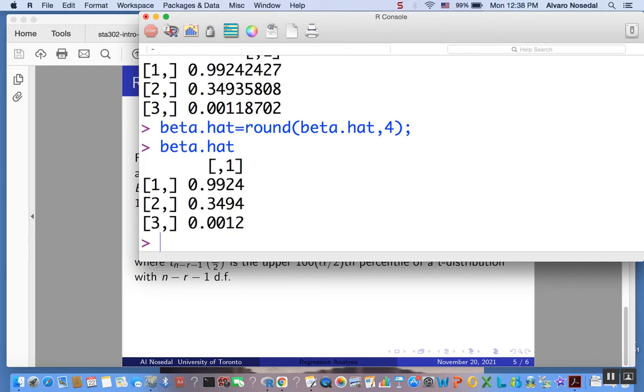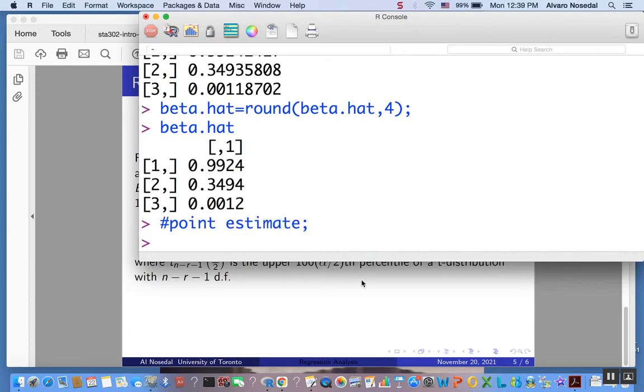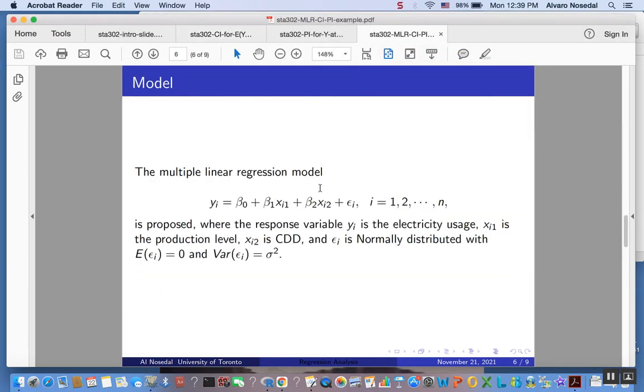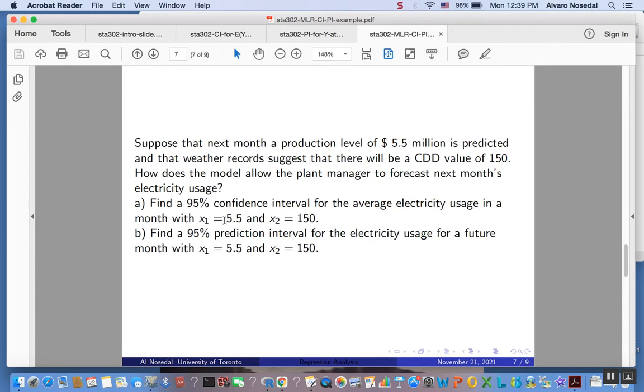Next, let's find that point estimate. We know that the point estimate is going to be x0 transpose beta hat. And we know that we have a particular combination of values x1 and x2 in mind.